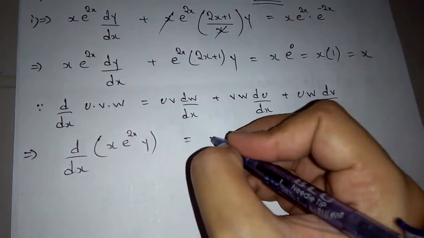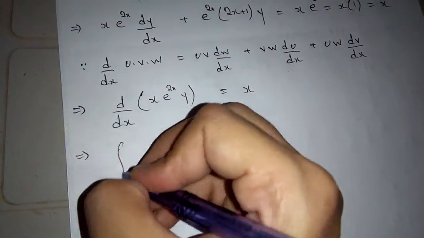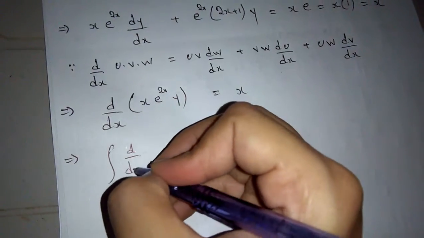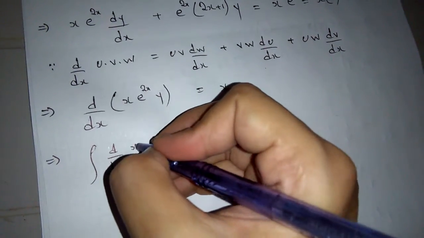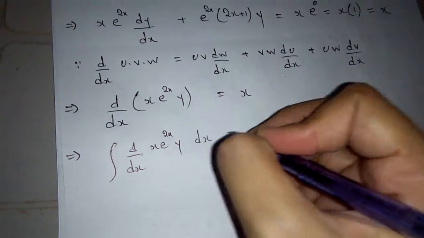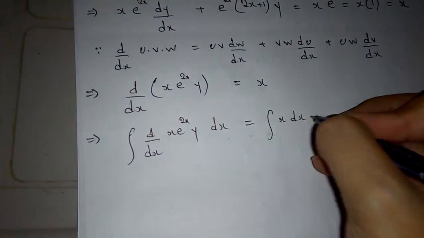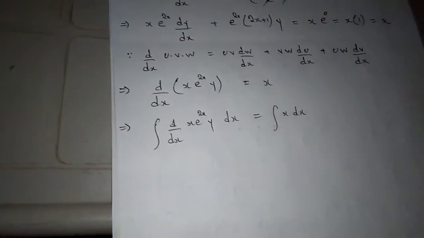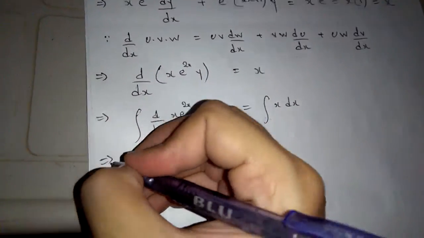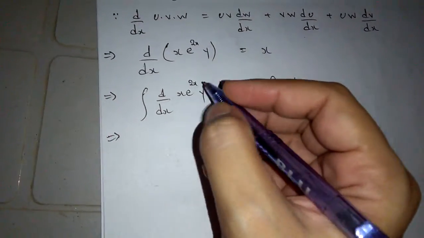Okay, this is it. Now we are going to integrate both sides with respect to our independent variable, which is x. So we are integrating with respect to x. That's it. Now at the left side, what is left is nothing but the product of these three functions.